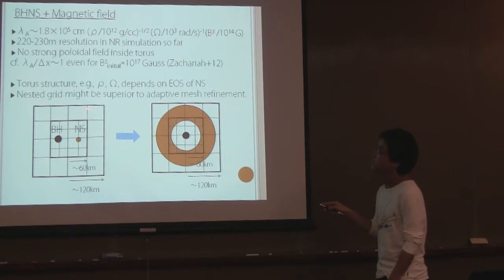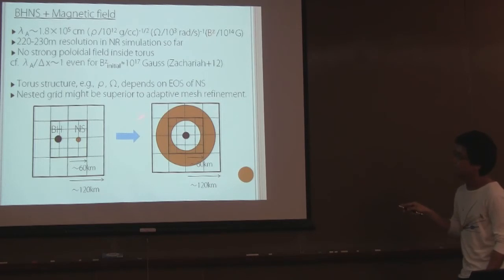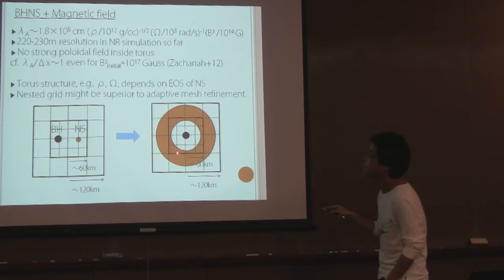The other point is that a nested grid structure might be superior to adaptive mesh refinement, because in a nested grid structure the accretion disk is covered by the finest or second finest grid.